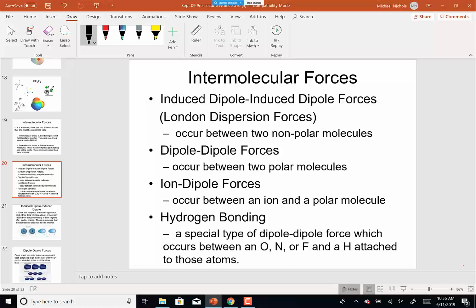Those are the three most electronegative elements on the periodic table. So hydrogen bonding is stronger than a normal dipole-dipole force because the hydrogen is attached to one of the three most electronegative elements.